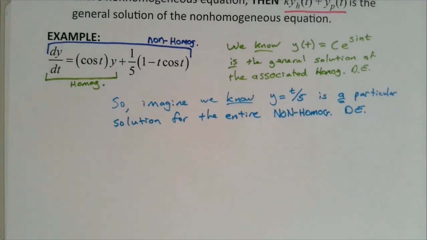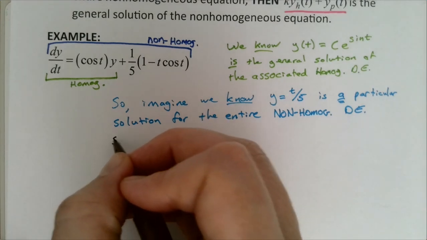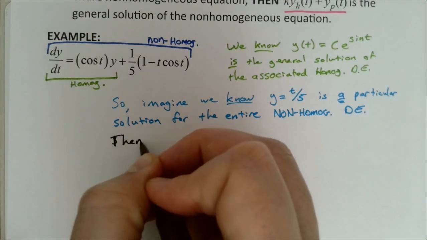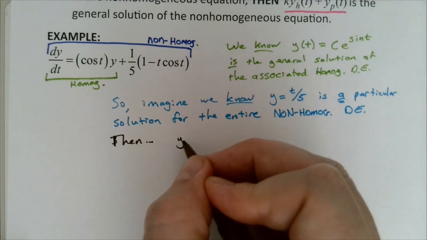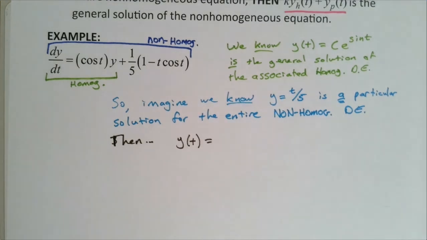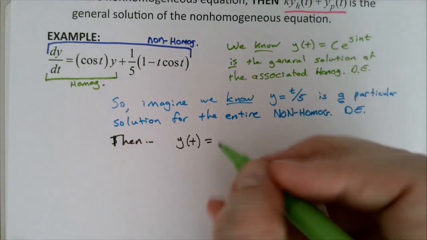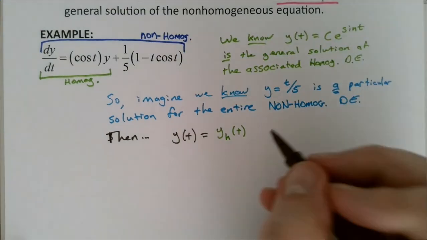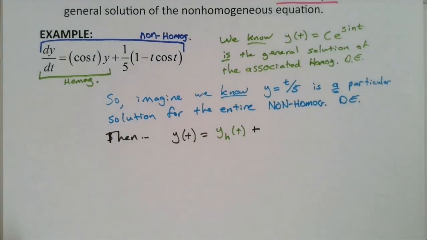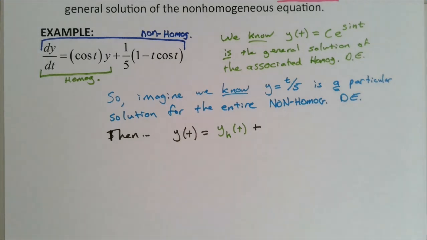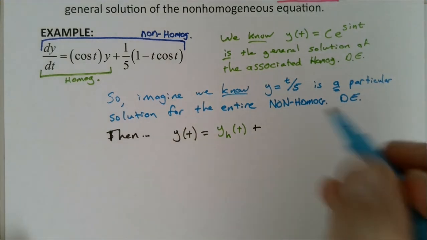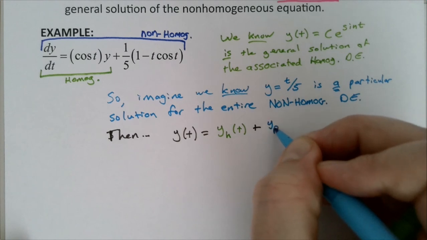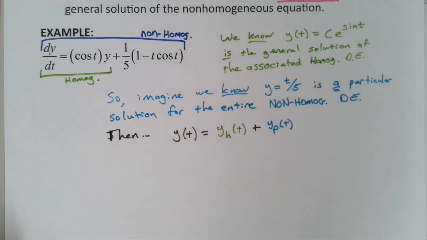If that's true, then y of t equals, we would take the general solution that we have for the homogeneous part, and then we would add the particular solution that we were just given.